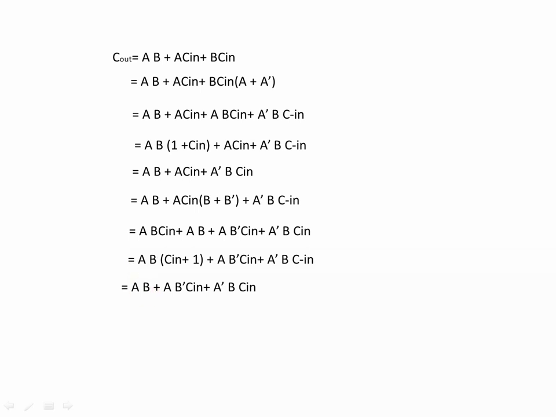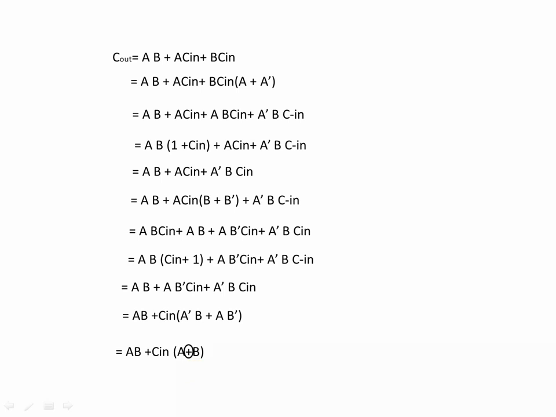So it will be AB plus AB bar Cin plus A bar BCin. Now when you take Cin as common, here A bar B plus AB bar. This A bar B plus AB bar equals A exclusive OR B. Here we got Cout equal to AB plus Cin into A exclusive OR B.